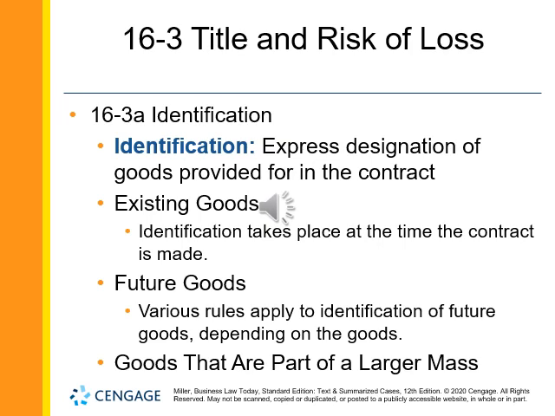Before any interest in specific goods can pass from a seller to a buyer or from a lessor to a lessee, two conditions have to be met. The goods have to be in existence, and they must be identified as the specific goods that are designated in the contract.